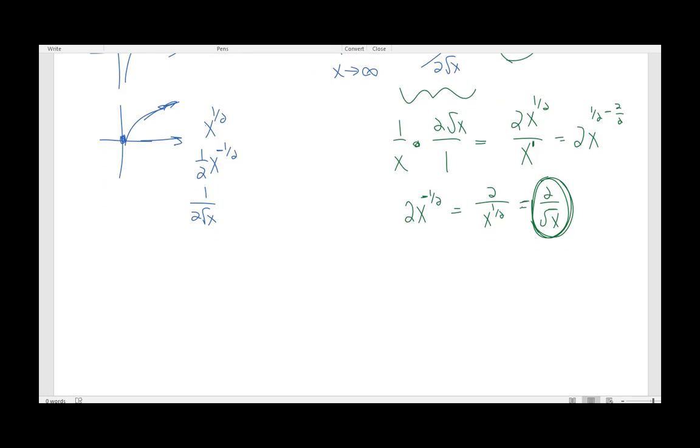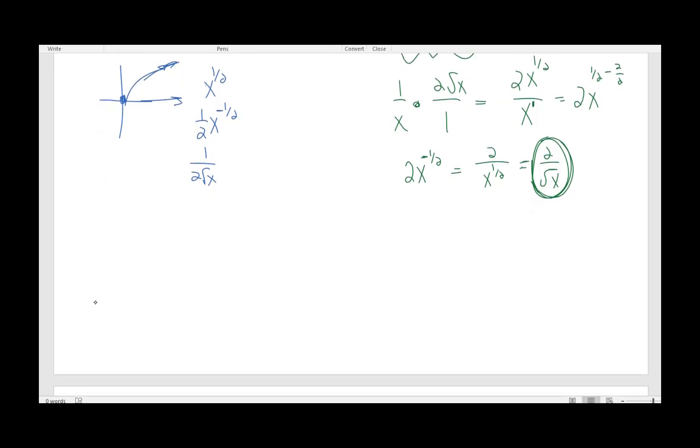That whole expression is the limit as x goes to infinity of 2 over root x. And again, in a very sloppy manner, the numerator is constant, the denominator, root x, goes to infinity. So that whole limit is going to go to 0 in that case.